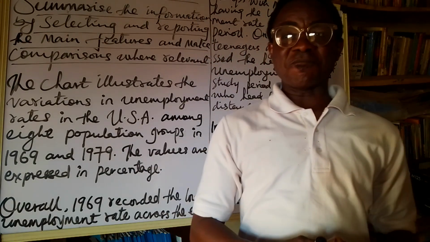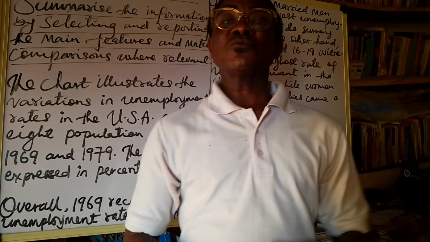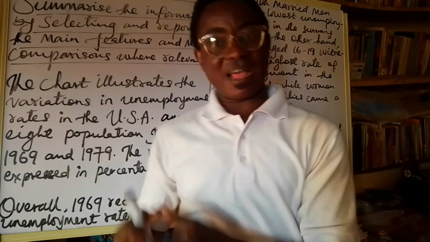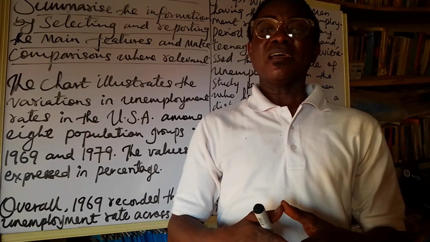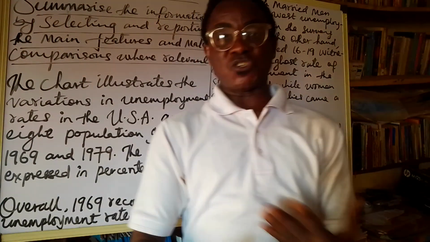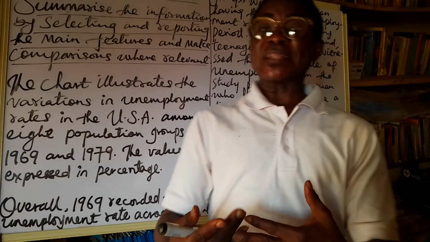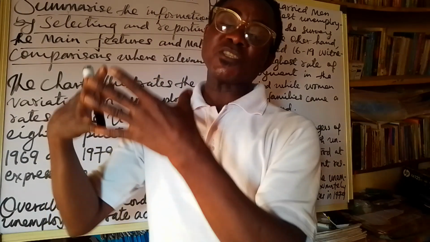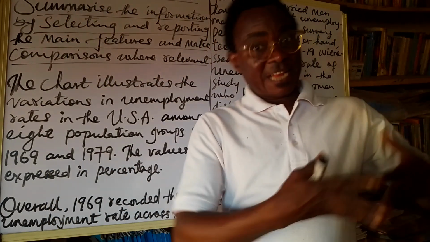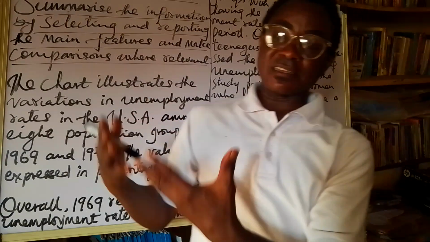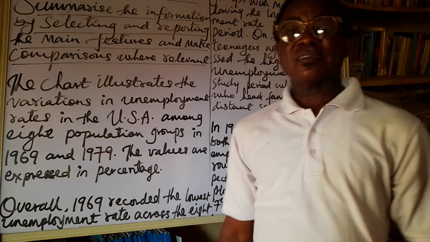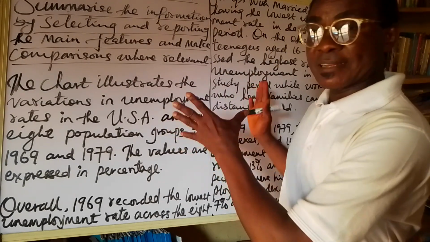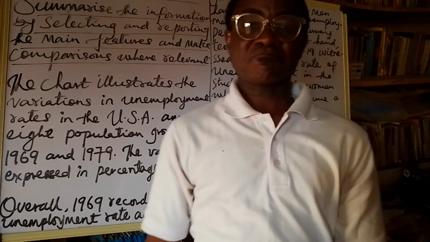That is a survey covering 2 different years, 1969 and 1979. Their varying percentages in the rates of unemployment among 8 population groups in the USA in 1969 and again in 1979. It is that bar chart that we want to analyze in writing now.